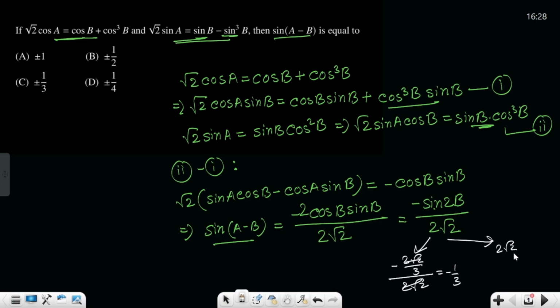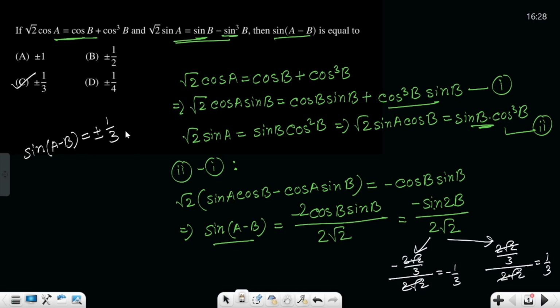This will be 2 root 2 by 3 upon 2 root 2. This and this will be cancelled out and 1 by 3 will be left. So we got that sin(a − b) is equal to plus minus 1 by 3. So option C is correct.